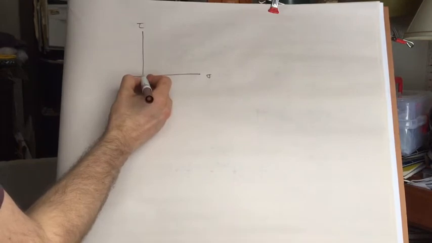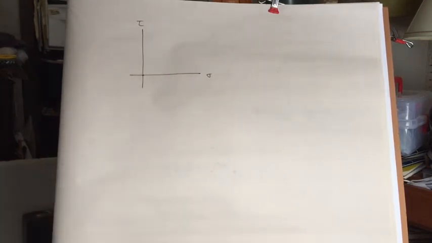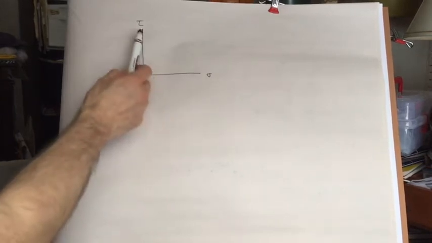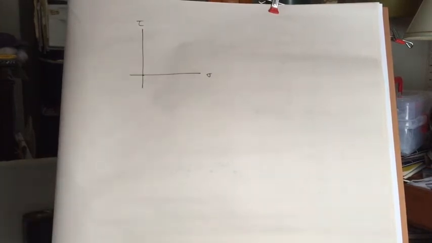That would be a point basically there. There's a little bit of atmospheric pressure, but geologically speaking, it's negligible. So we have zero normal stress, zero shear stress in all orientations.